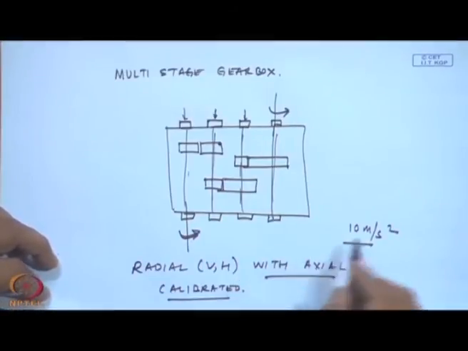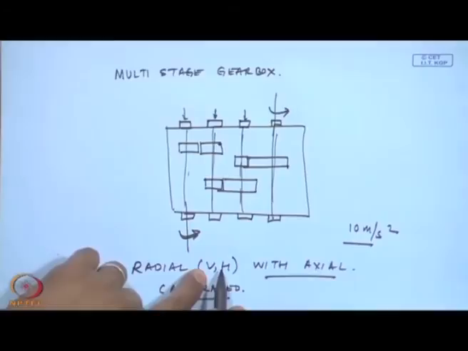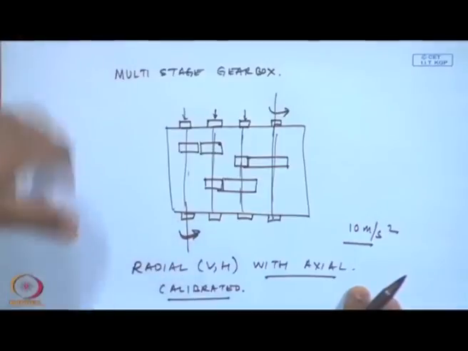Otherwise, I may be getting a value of 10 meters per second square here, and because this was not calibrated, I am getting a value of 8 meters per second square there. There is no way I should be able to compare these two. People make mistakes or miss these instances when they do unbalance detection. Okay. We have to be careful that these kinds of problems are taken care of.